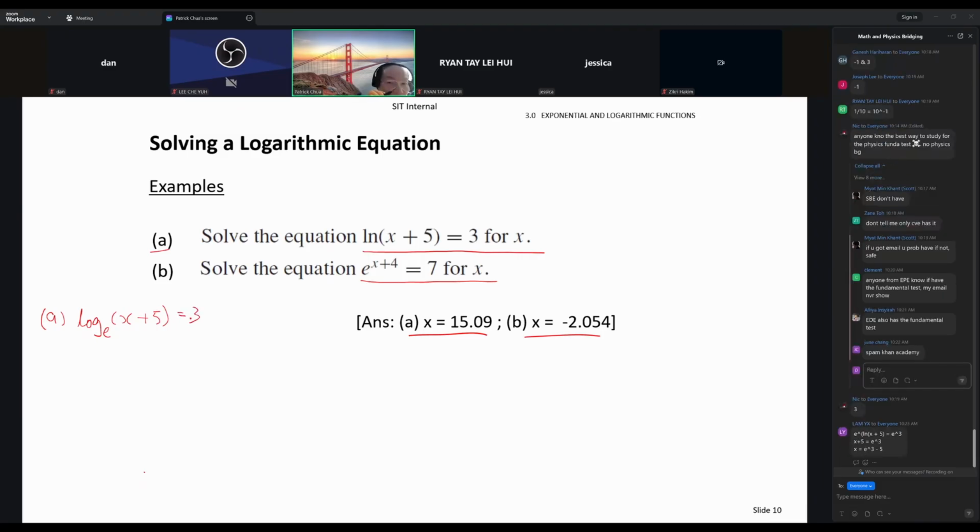Now use one of the rules that we have learned just now. You can bring the e up, and the 3 becomes a power, so x + 5 = e cubed.